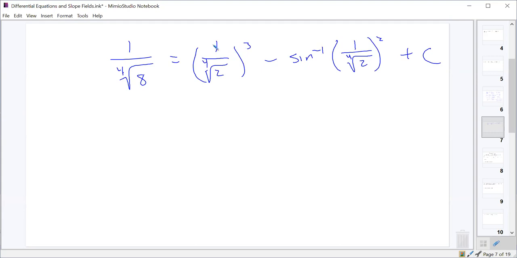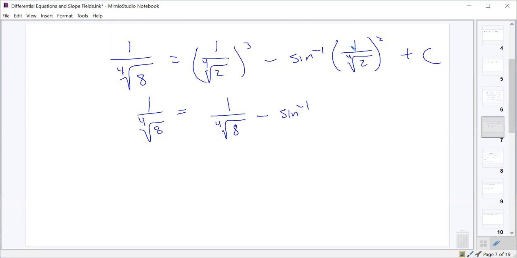If we cube the 1, that's still 1. If we cube the fourth root of 2, we can just cube the 2, which makes that the fourth root of 8. And here, what do we have at the moment? We have the fourth root of 2 in the denominator, right?